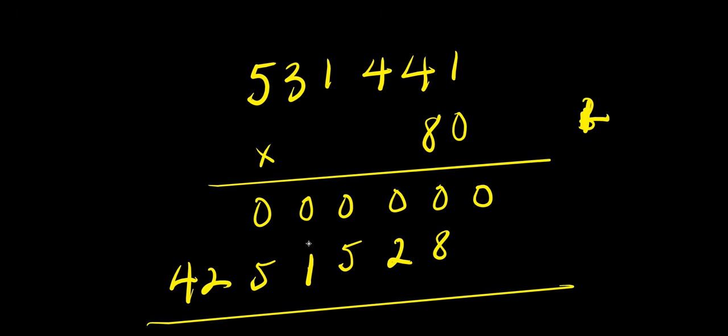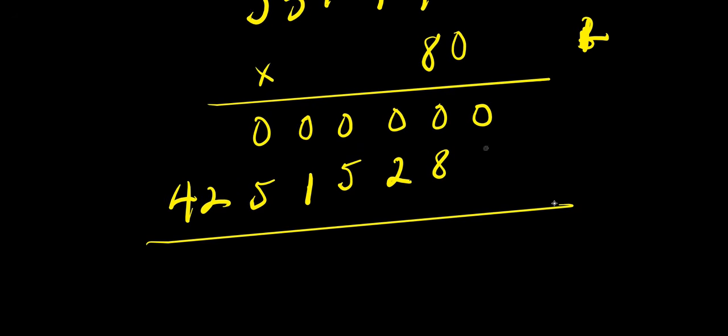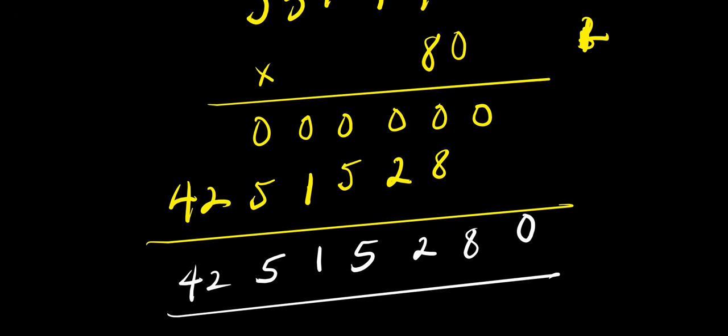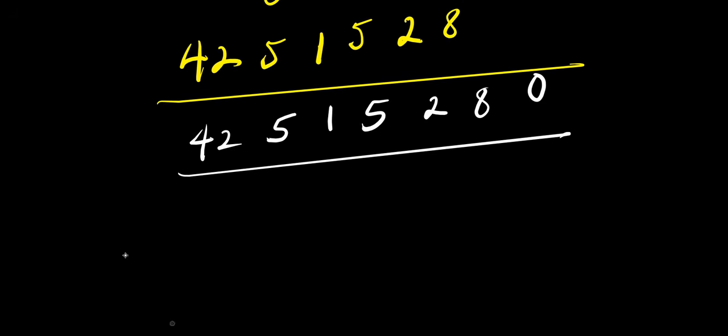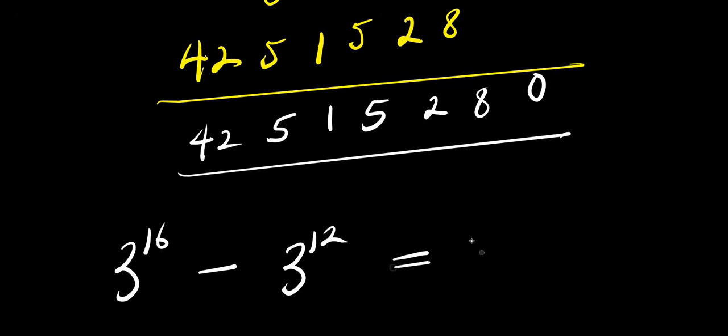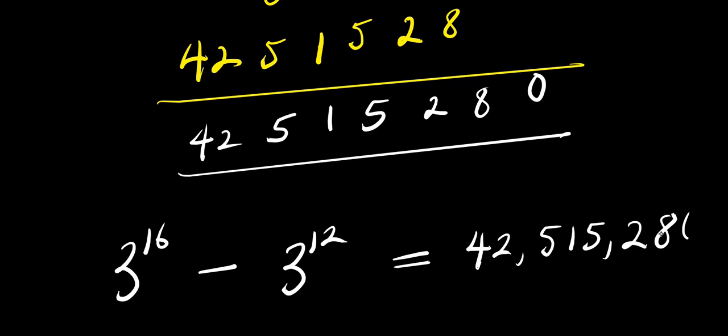We add up together. So if you have 3 power 16 minus 3 power 12, this equals 42,515,280.